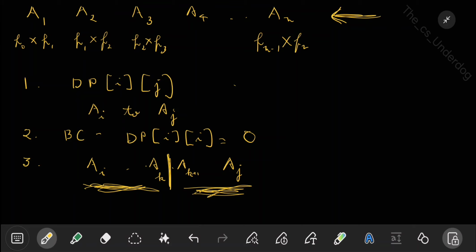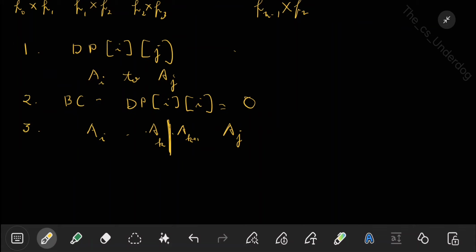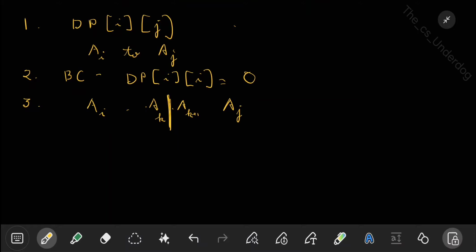This will be my one particular point of recurrence relation. How will I write the recurrence relation? Let us say I want to write for dp[i][j]. How will I fill any particular element in the matrix? For that, I should find the minimum. A lot of splits may be possible.